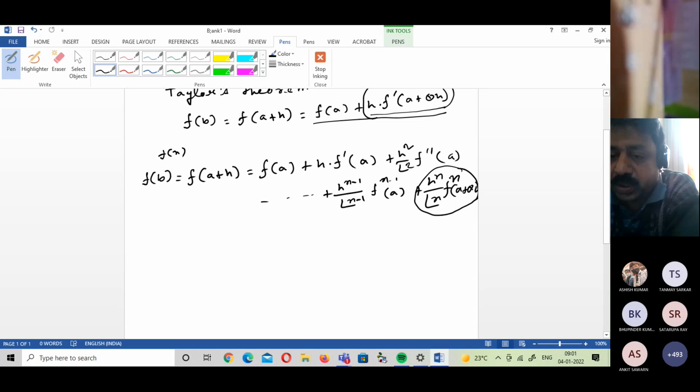We have to go through Lagrange's form of remainder and Cauchy's form of remainder, and this is the Lagrange's form of remainder. We will prove how it comes. This is Lagrange's form of remainder, or the error term, that is the difference between the actual function f of x and this expansion.